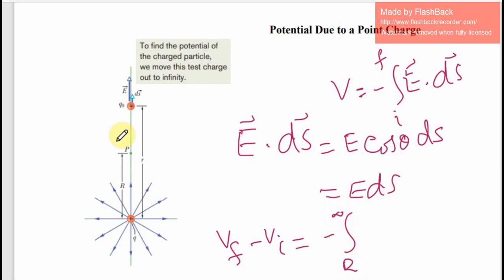As I said before, this test charge is moving from point P, which is at a distance r from this point charge, to infinity. The path followed by this test charge is from r to infinity, with E dr.